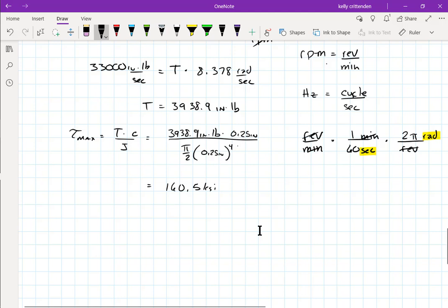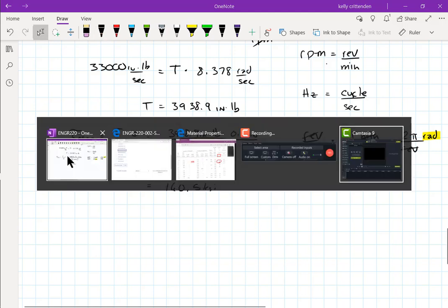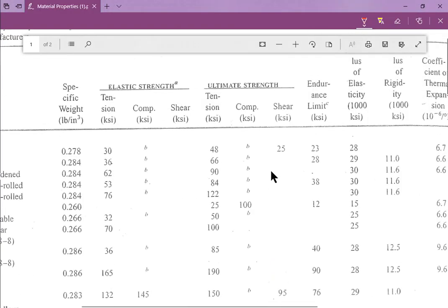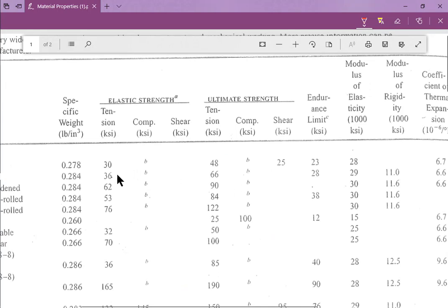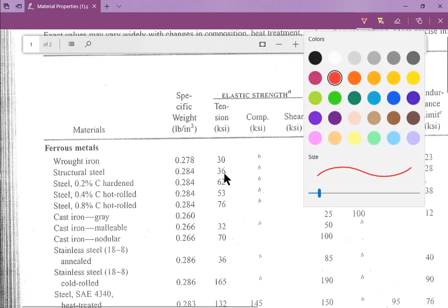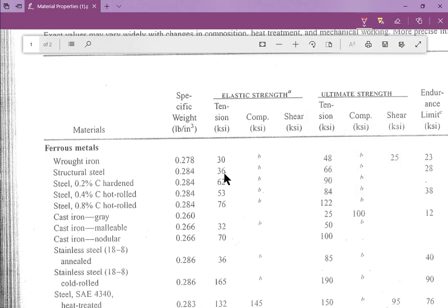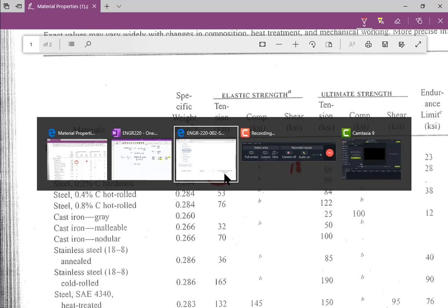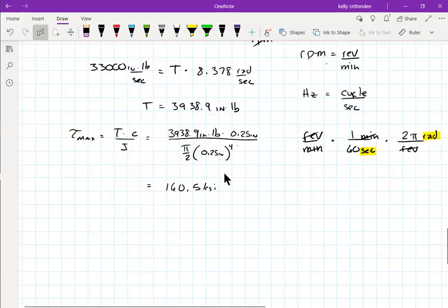If I go and look up my material properties, I'm in the US units again. Structural steel doesn't have a shear strength listed, and when they don't have a shear strength, then I just take half of the tensile. So 18 KSI, and I had 160 KSI, so we have a problem.